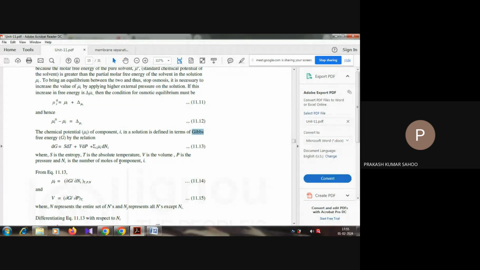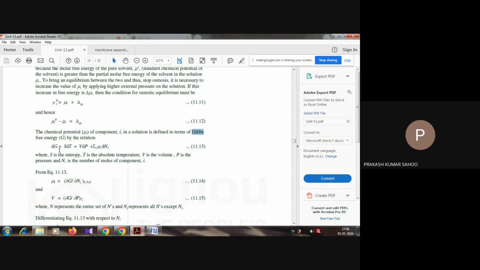To make a process, phenomenon, or reaction spontaneous, the energy which decreases and is responsible for making the reaction spontaneous is known as free energy. When free energy is changed with respect to the number of moles, it is known as chemical potential.